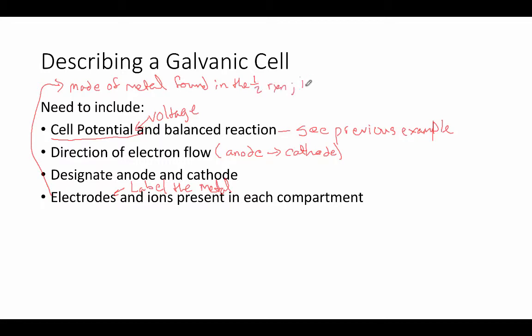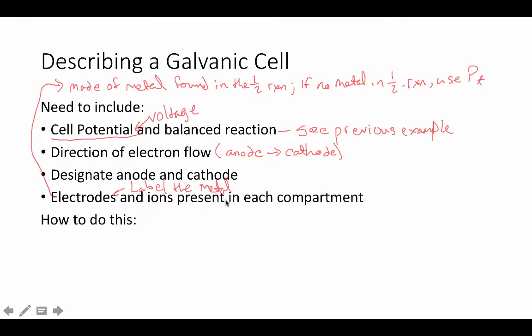And if there's no metal in the half reaction, you're going to use platinum. The reason you use platinum is because it's a very non-reactive metal, so it's going to transfer the electrons, but it's not going to change any of what's reacting.